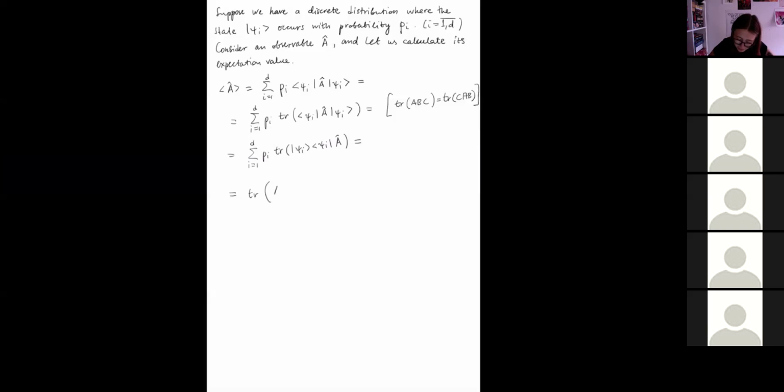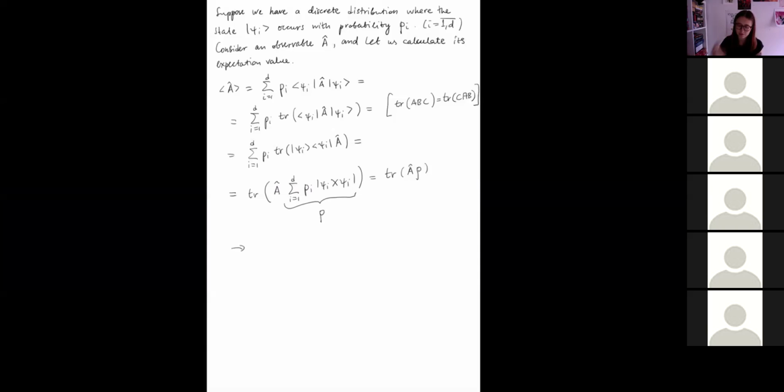So then this will be trace of A, sum from i to d, p_i, ket psi_i, bra psi_i. And this sum inside the trace, we will call the density matrix rho. So then this will be trace of A rho.